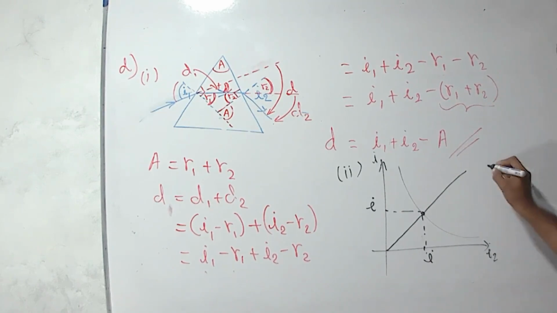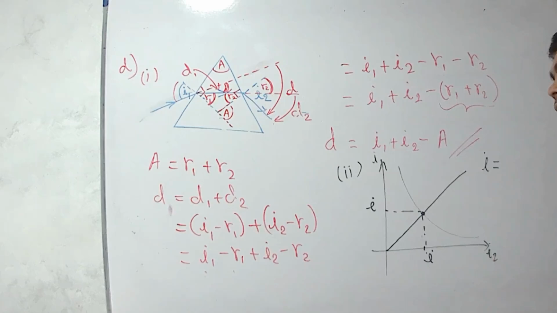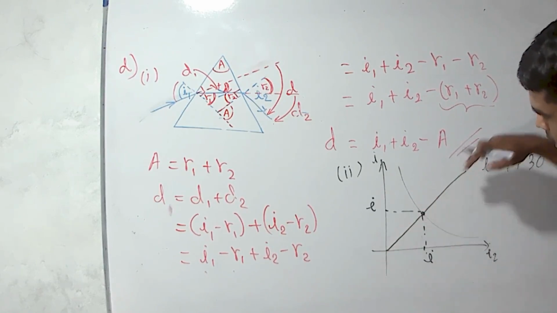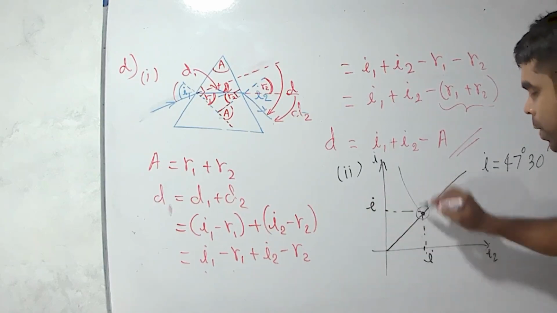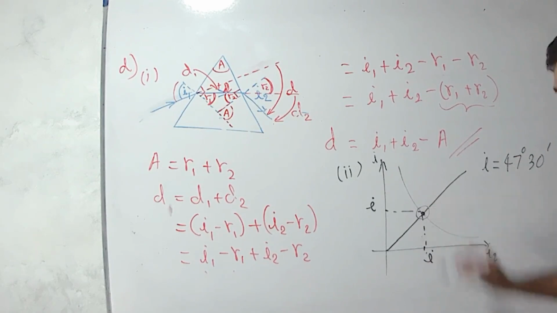Then we can write the I value for the symmetric ray as 47 degrees and 30 minutes. We have to draw the 45 degrees line and get the x value or y value corresponding to this intersection point. It is 47 degrees and 30 minutes.